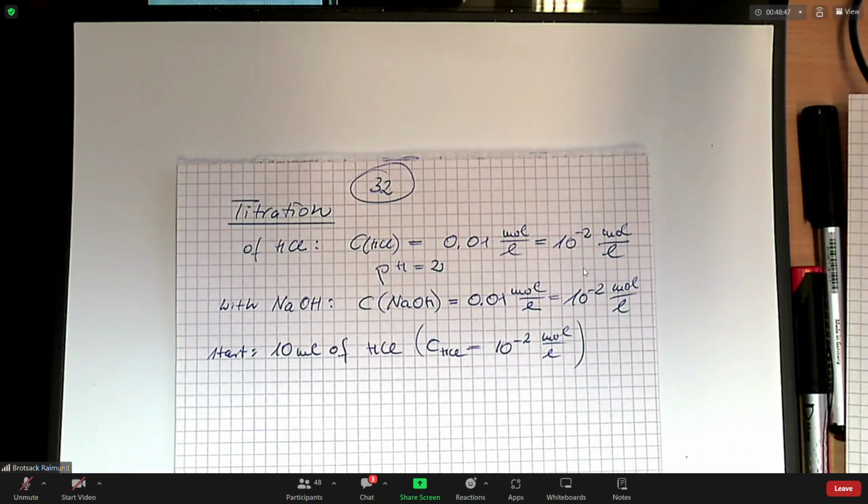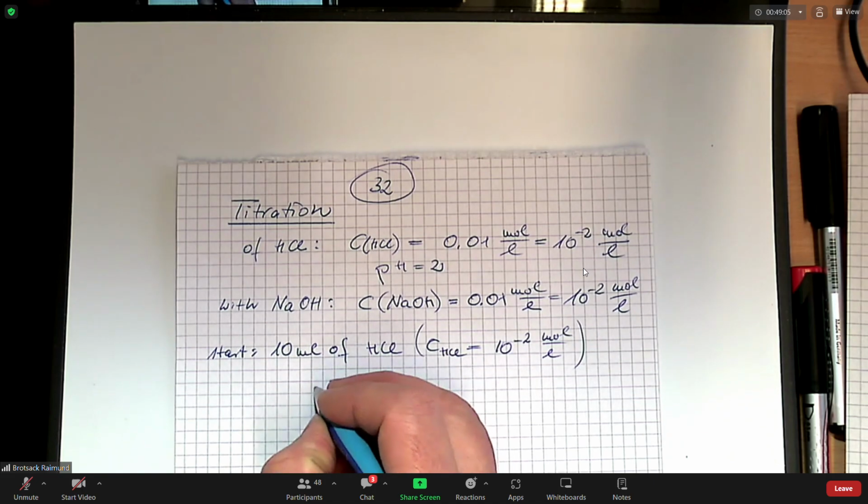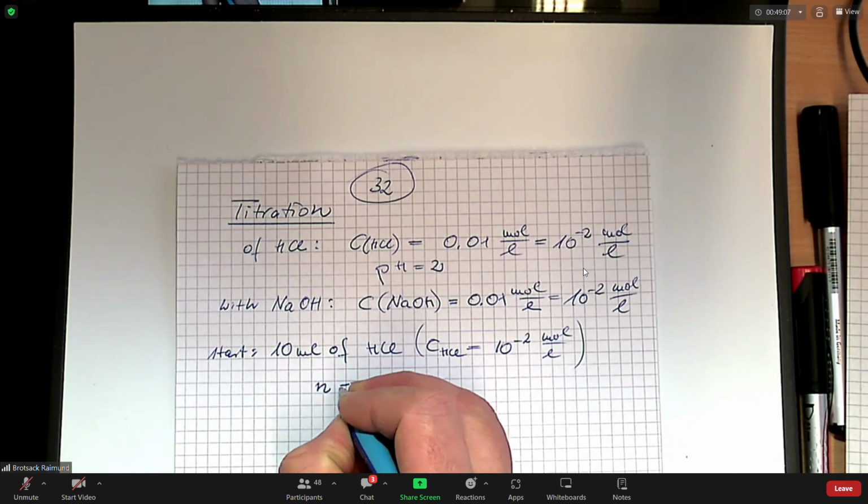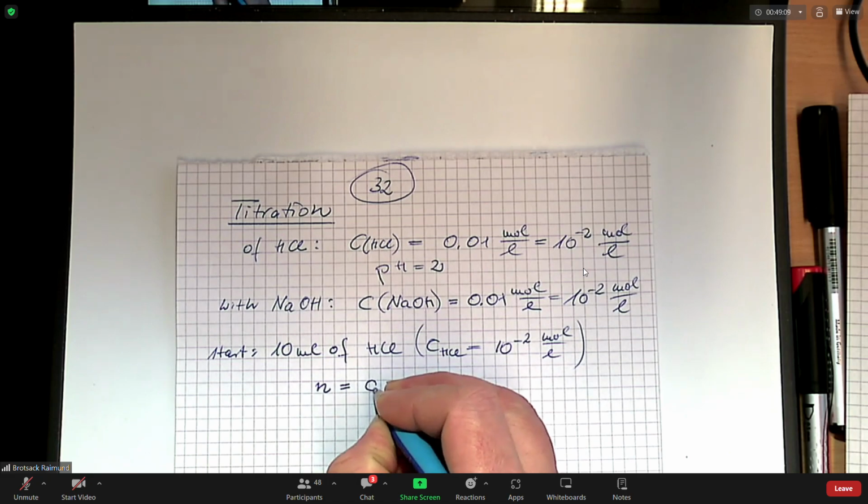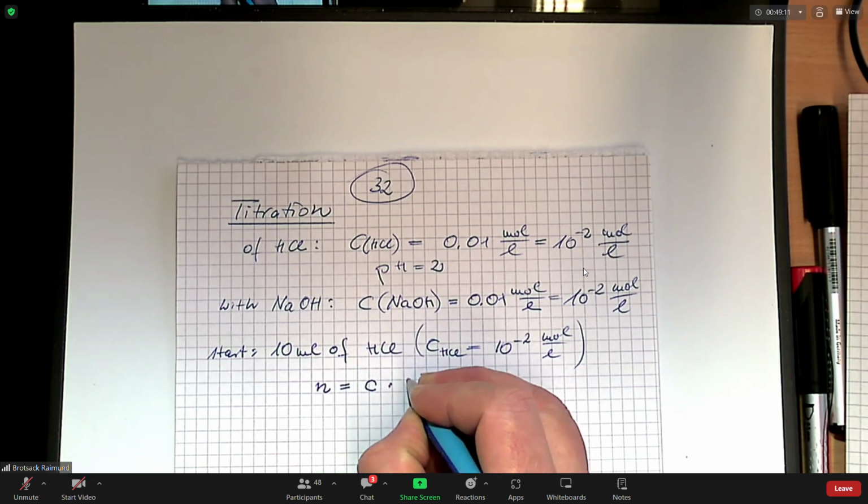Now, when you have to calculate how many protons, how many mole do we have in 10 milliliter with that concentration, what do we have to calculate? So the number of moles, n, is the concentration multiplied by the volume.